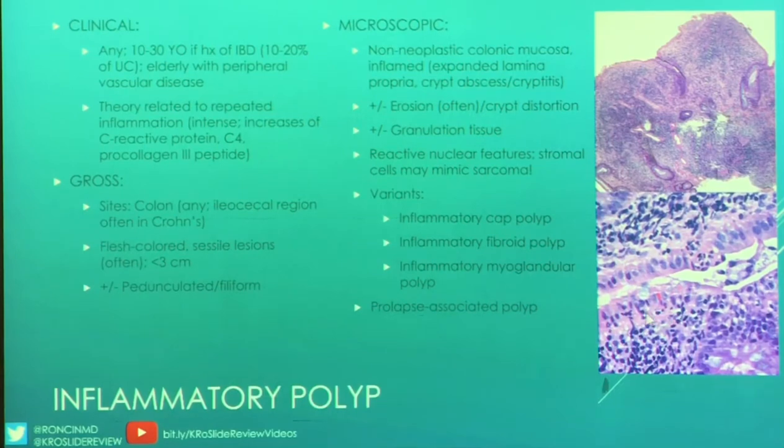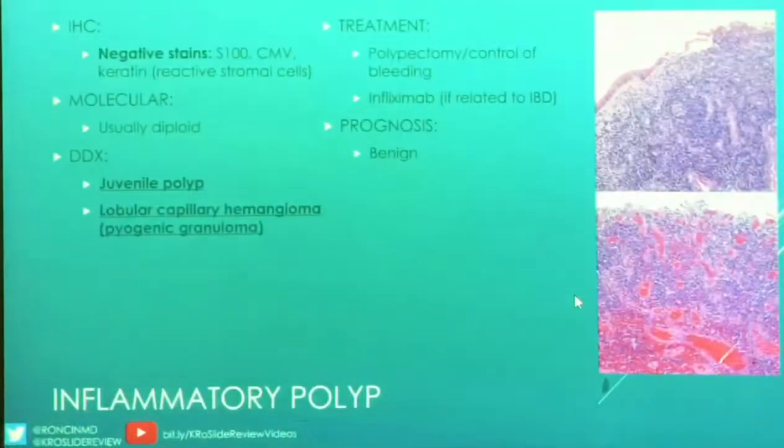Here what we're showing is you have some cryptitis going on, all these little ants, these neutrophils, and here this is a much more prolific inflammatory response. So it can range from this to the case that we had where it looked relatively paucicellular and edematous. Whole bunch of negative stains because you want to make sure it's not other things.